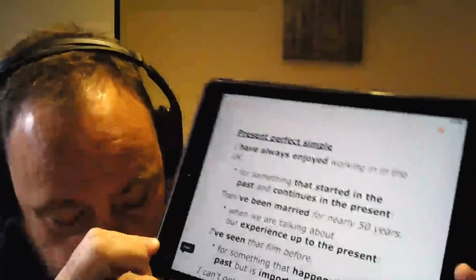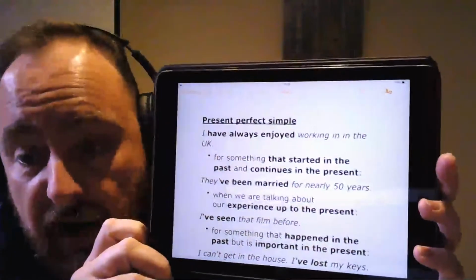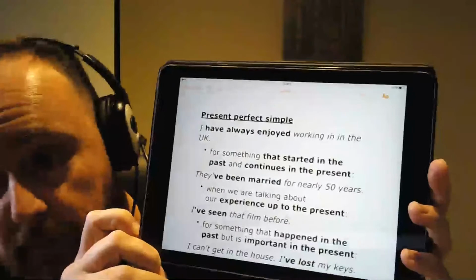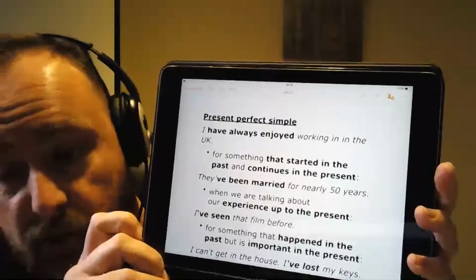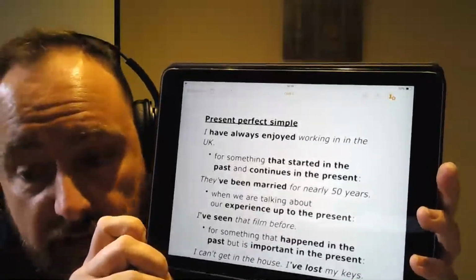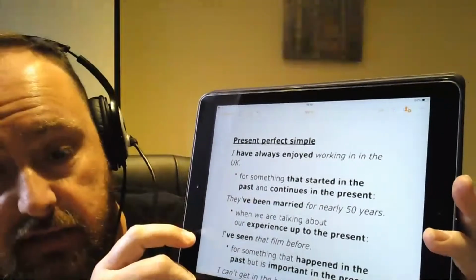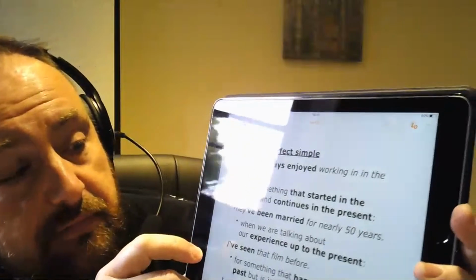So that's true of this sentence. I'll give you another example sentence that we could use for this as well. That sentence is, they've been married for nearly 50 years. So that's from the past, 50 years ago, or almost 50 years ago, until now. So that's an example of something that started in the past and continues in the present.